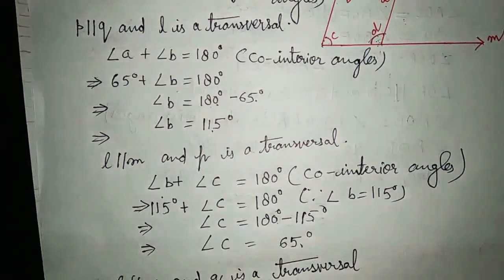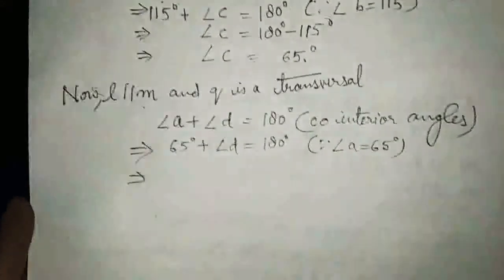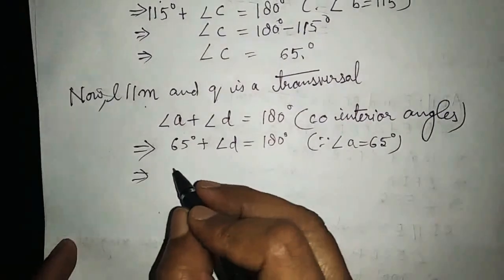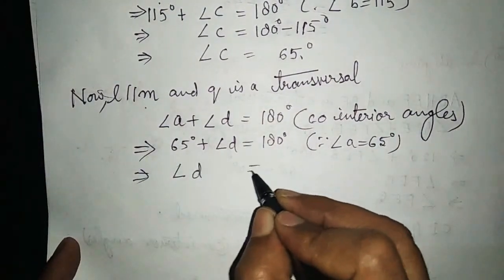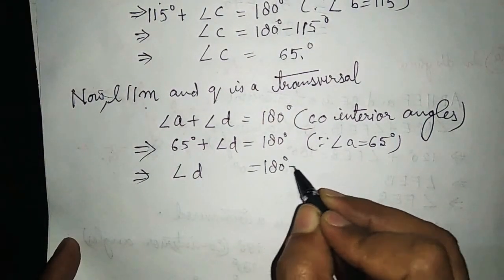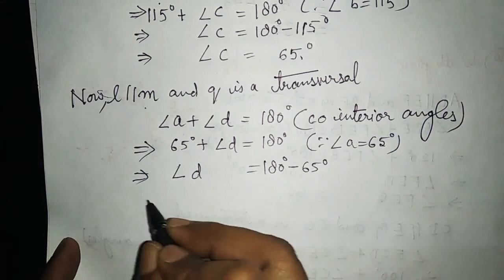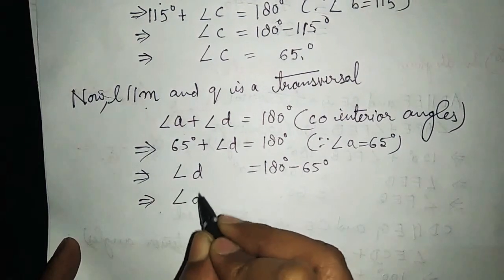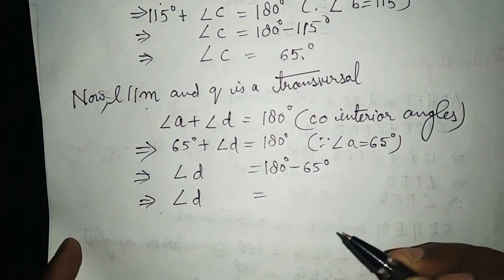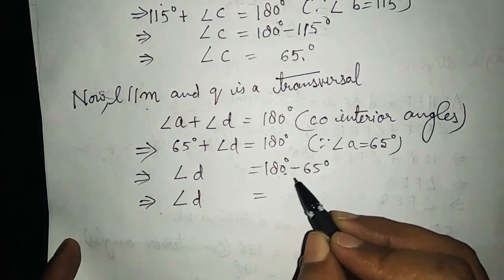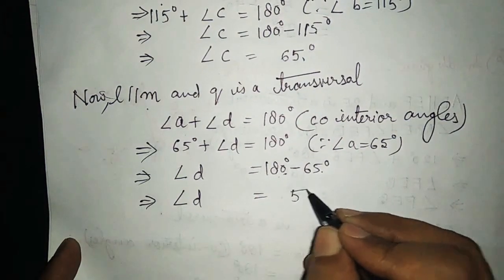Here 115 degrees. Now angle D, we will find 180 degrees minus 65 degrees, and then angle D is equal to, now we will subtract this. Here 10 minus 5, 5.